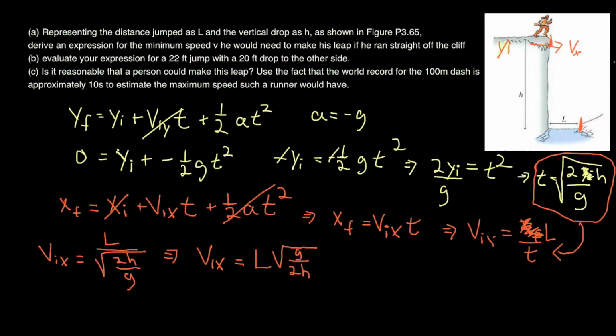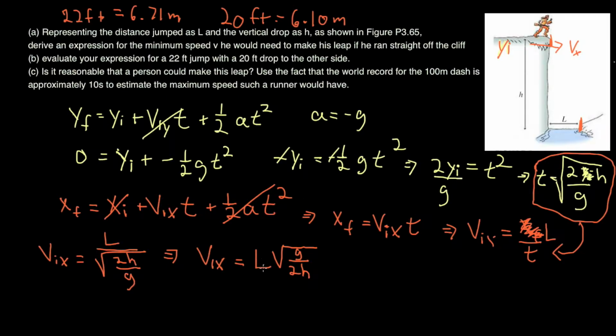Okay. So now just to put it in metric, we know that 22 feet is equal to 6.71 meters. And we know that 20 feet is going to be equal to 6.10 meters. So now we have everything over here.